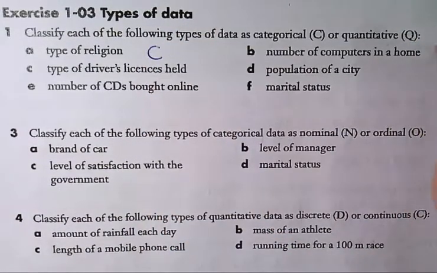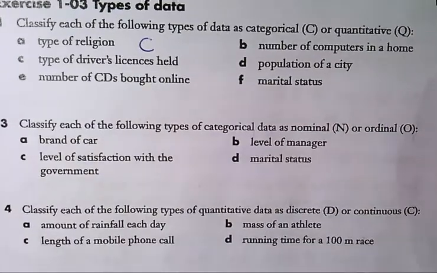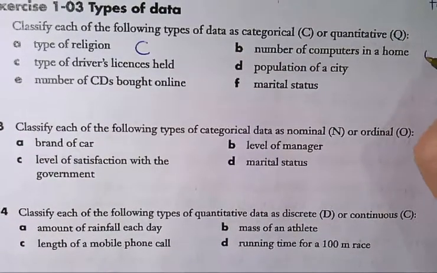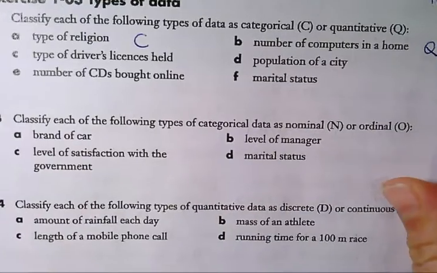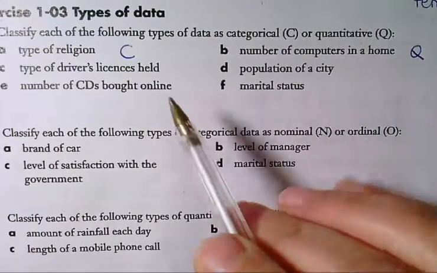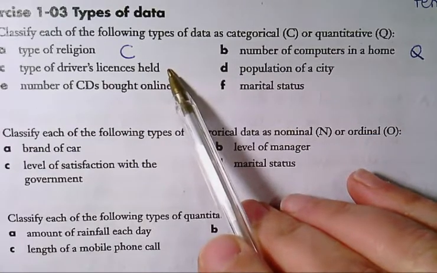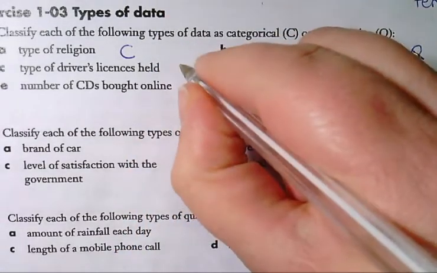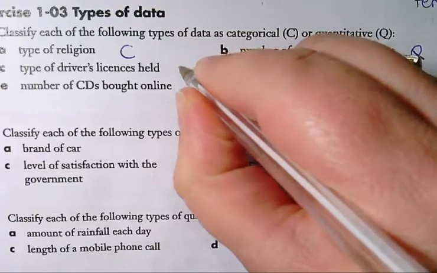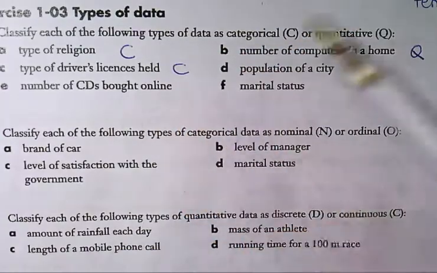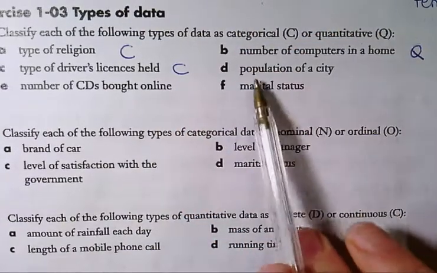Number of computers in a home, that's numerical, but we call it quantitative, okay? Type of driver's license held, you can just have a normal car driver's license or a truck license or a bus license. So that will be a category, or I think it's category A or different categories, okay?